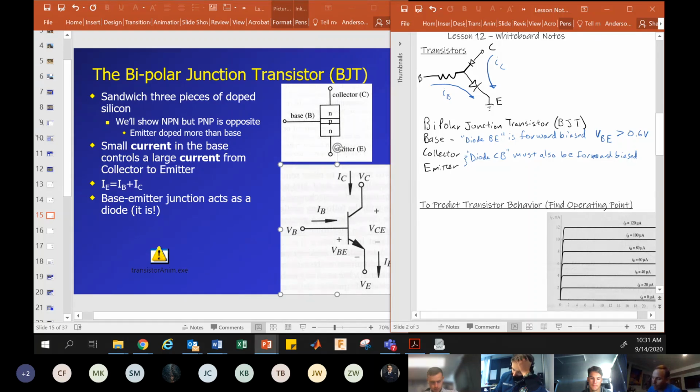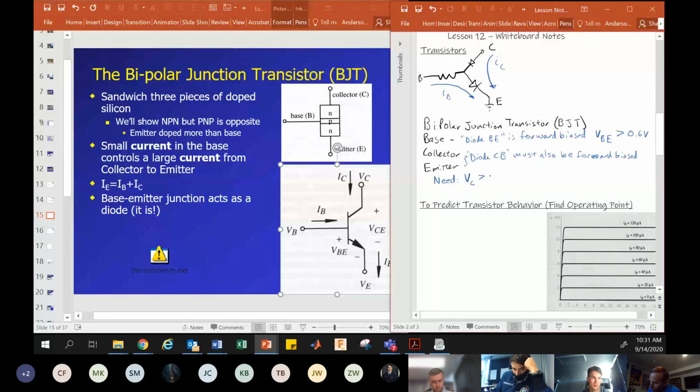Nothing will happen. And so what we mean by that is, to summarize, the voltage at C has to be greater than the voltage at B, which has to be greater than the voltage at E. And there are actual quantities they need to be greater than, but we're not going to worry about that right now.